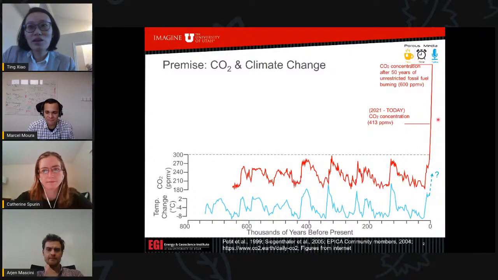Today, CO2 concentration in the atmosphere is about 413 parts per million, much higher than the less than 300 ppm in history. If we don't control CO2 emission, the concentration might be 600 ppm in another 50 years.